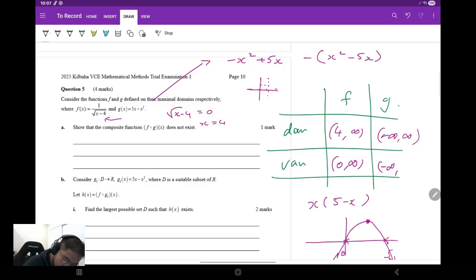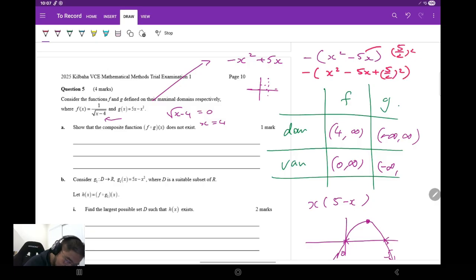That completes to x squared minus 5x plus 25 on 4, because we take the 5, halve it, and then square it, so 5 on 2 squared.